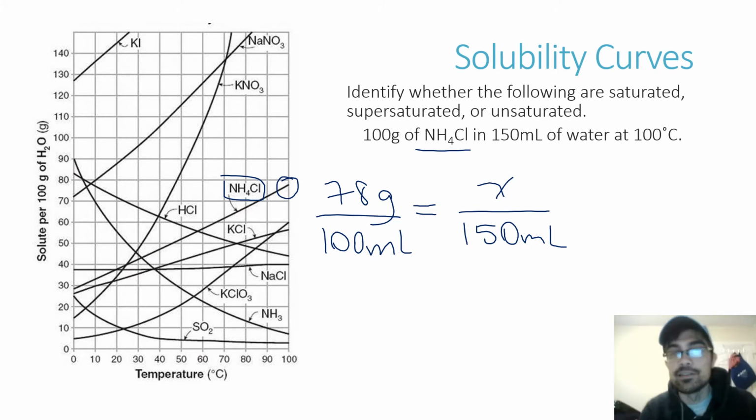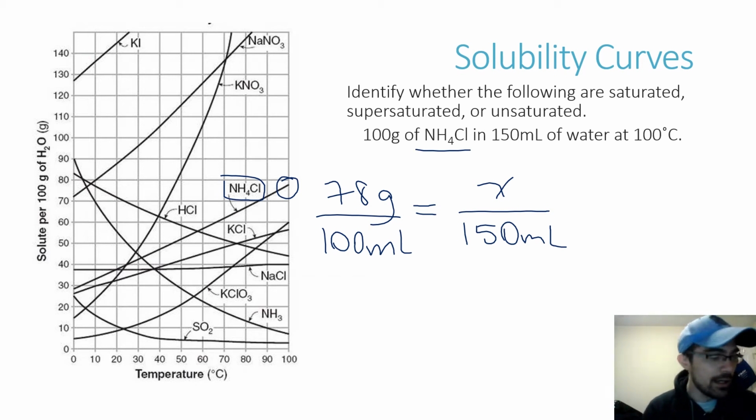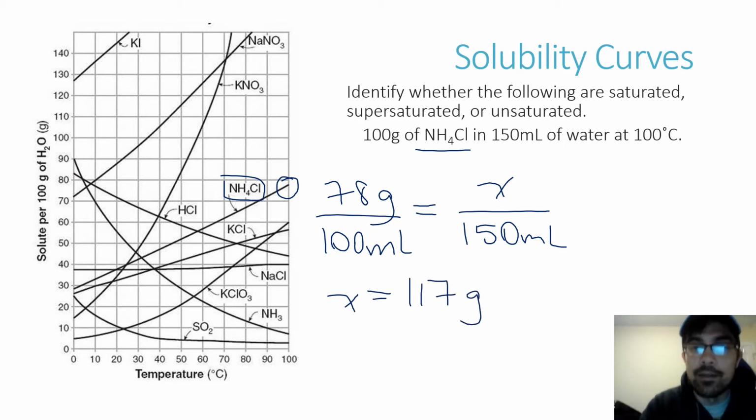Our X is going to go up there, because remember, the chart tells you how much should be able to saturate 100 milliliters. We have a little bit more, so let's see how much could saturate this amount. When you solve for X, you will find that X is equal to 117 grams of NH4Cl.